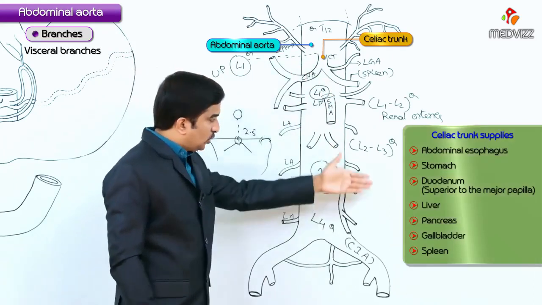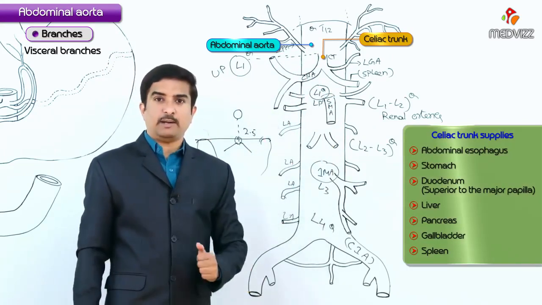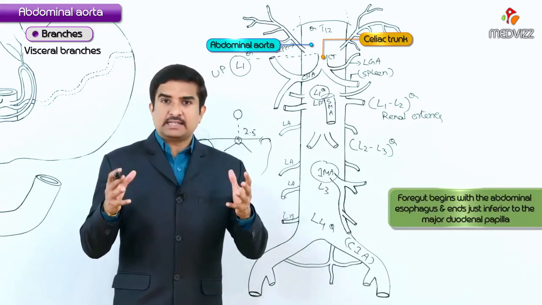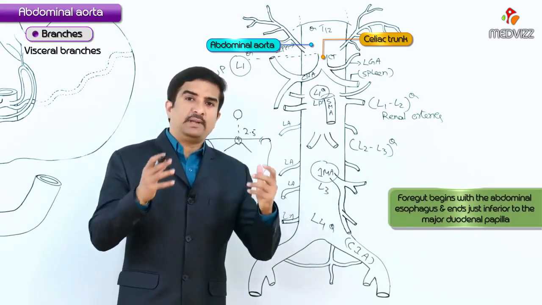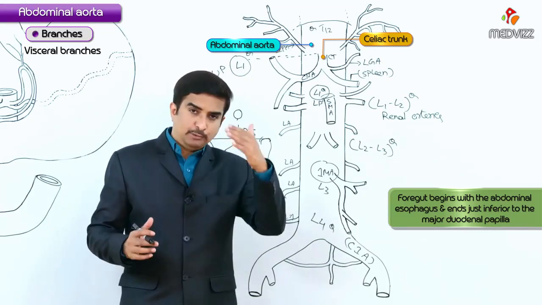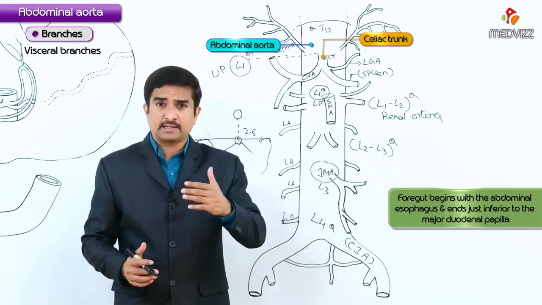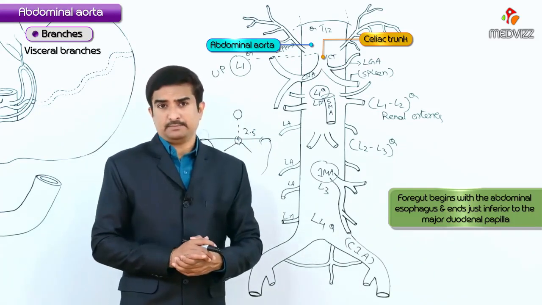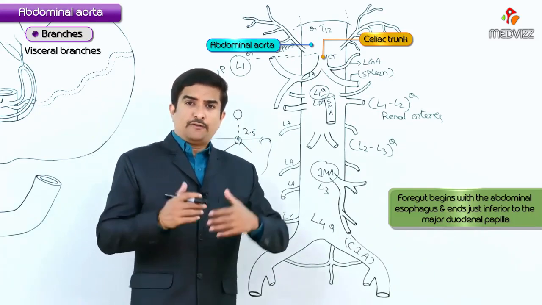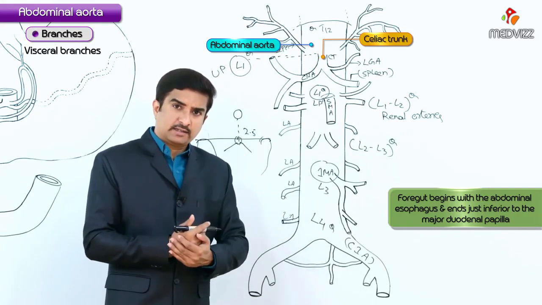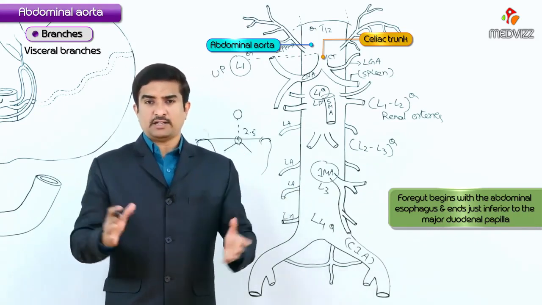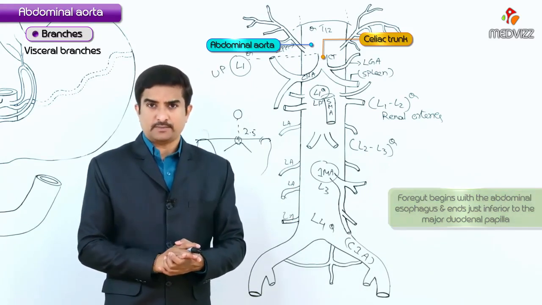You can see the list over here, all the structures which are related to the abdominal foregut. The foregut begins with the abdominal part of the esophagus and ends just inferior to the major duodenal papilla, right? So from the abdominal part of the esophagus to the level of the major duodenal papilla, it is related to the abdominal foregut.